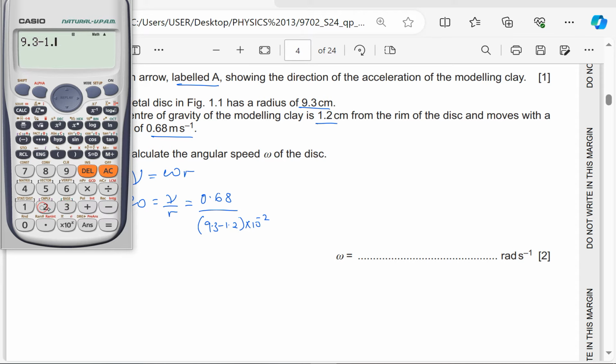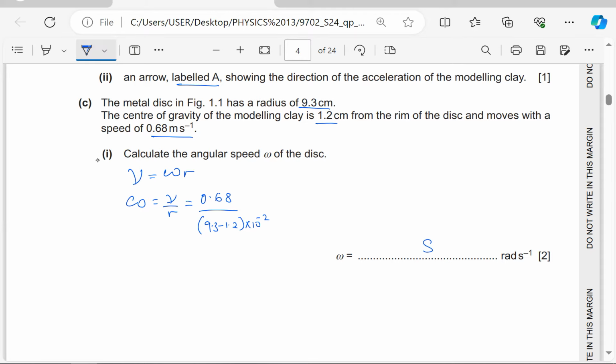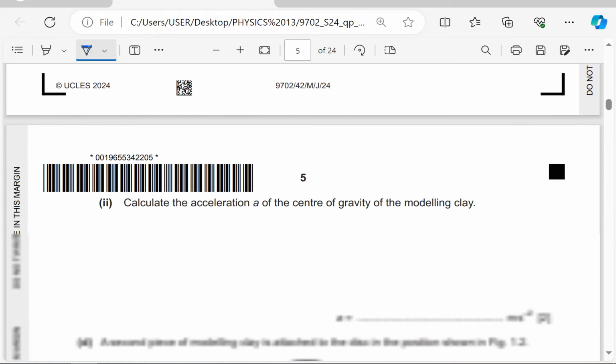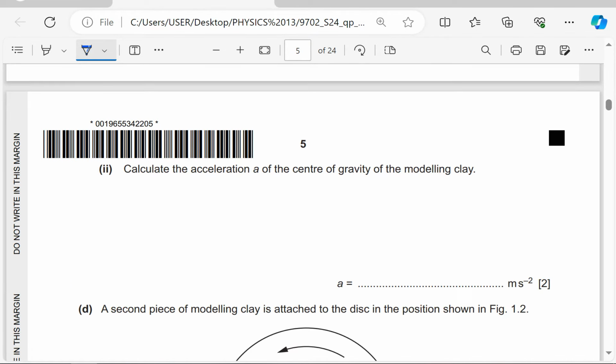So 9.3 minus 1.2, the answer is that times 10 exponent minus 2. Then I will divide 0.68 by the answer. So this is giving me 8.4. So the angular speed is going to be 8.4 radians per second.